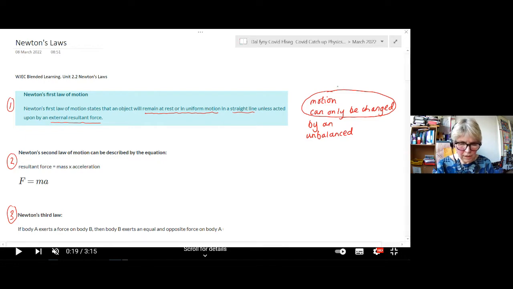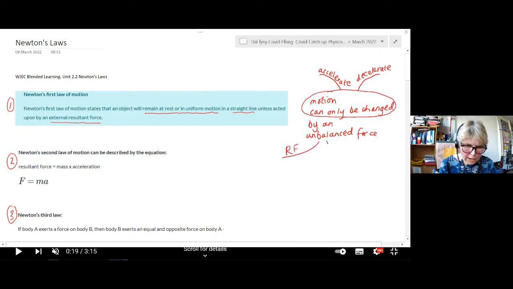Can it accelerate, or can it decelerate? And what we mean by an unbalanced force is what we call a resultant force, or a net force, or an external force of the system.